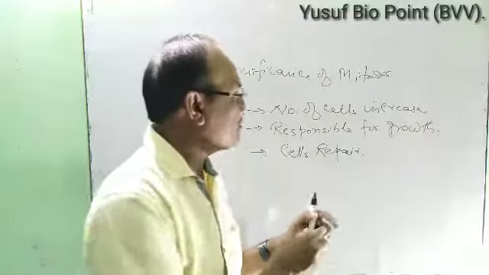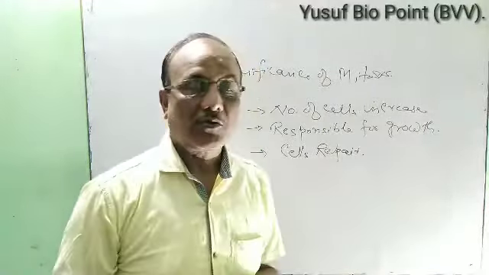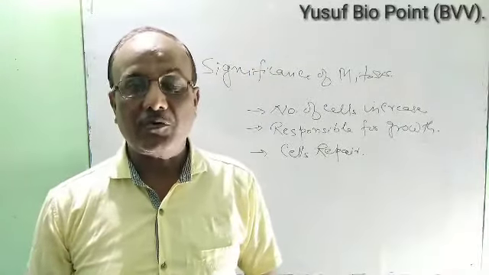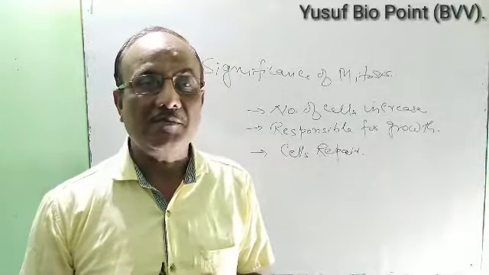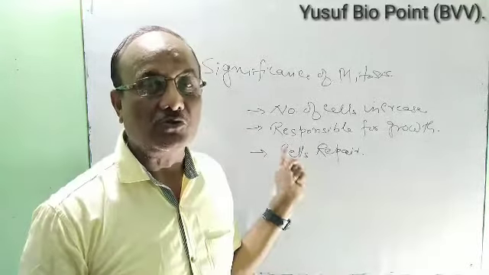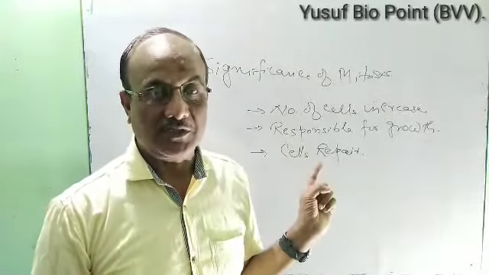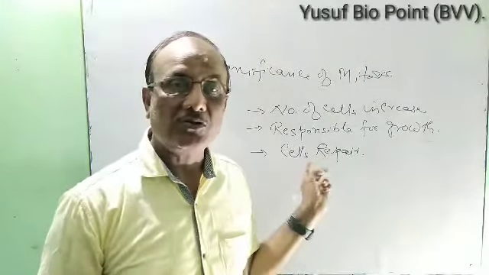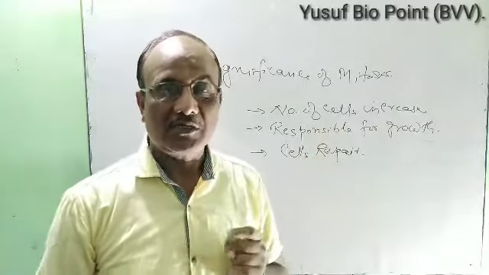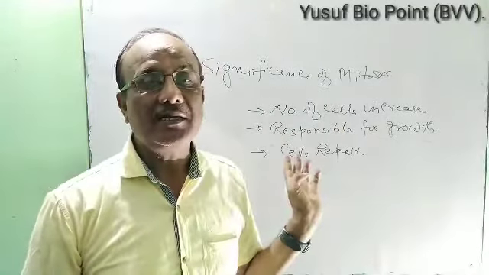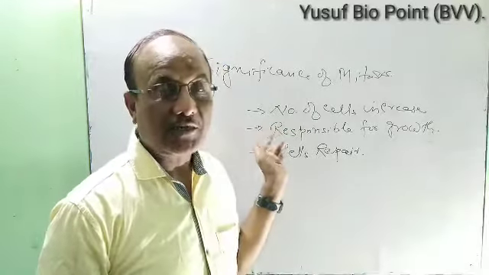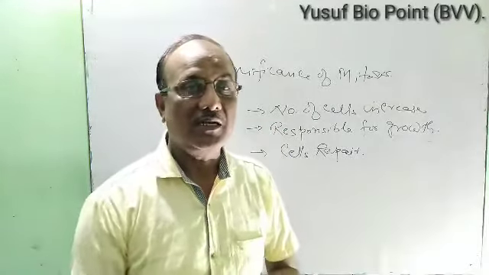So they are the most responsible for the growth of parts and organs. Understand? Any type of growth which takes place in living things is due to mitosis cell division, and any repairing in the cells is also due to mitosis cell division. So these are the mainly important parts of the significance of mitosis cell division.